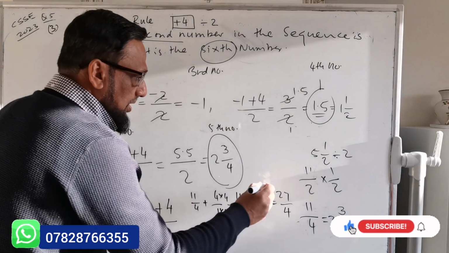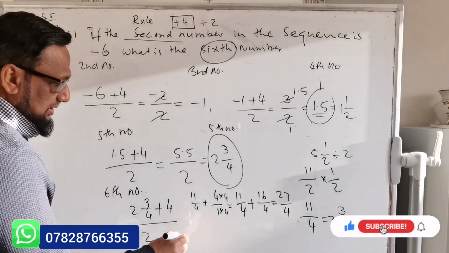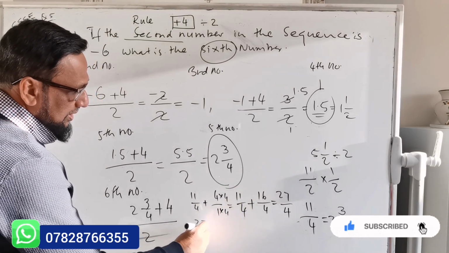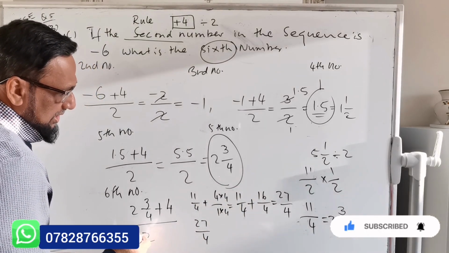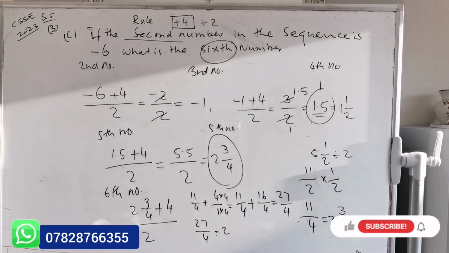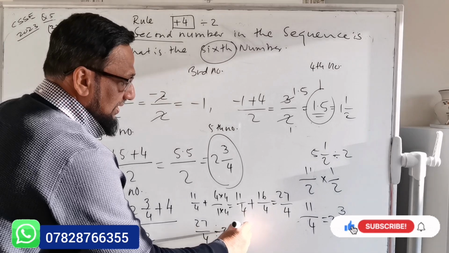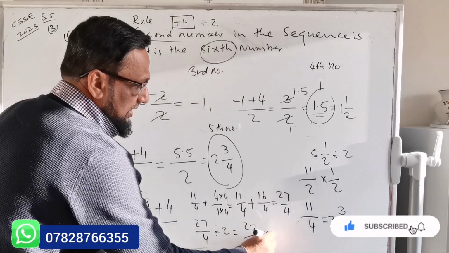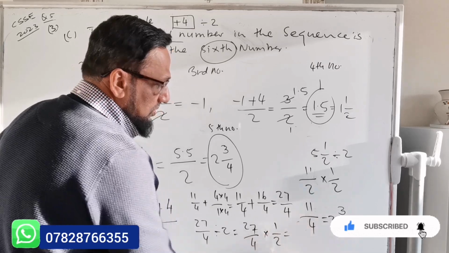And now I'm going to divide this by 2. So 27 over 4, flip the fraction, 1 over 2.